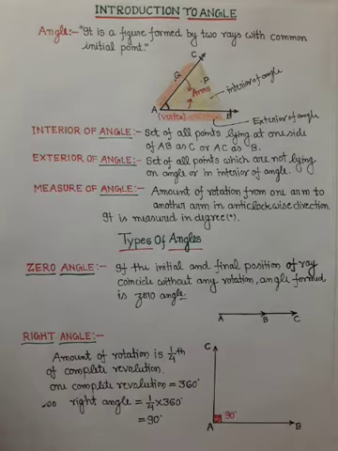After that we will define the next angle, that is the acute angle. So students, the basic property of an acute angle is that if the measurement or rotation of the angle is greater than 0 degree and less than 90 degree, or the angle is larger than zero angle and smaller than the right angle, we say it is an acute angle.